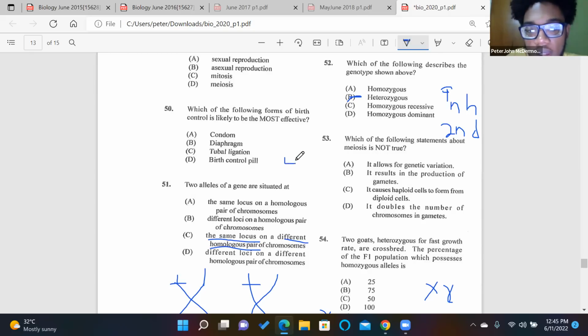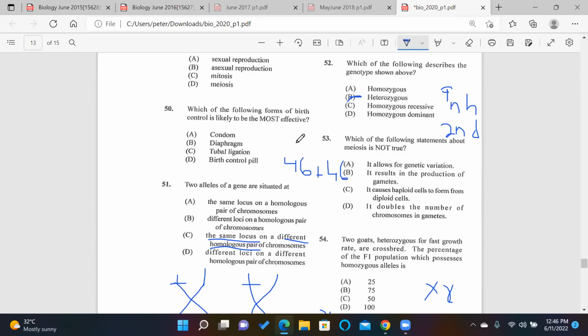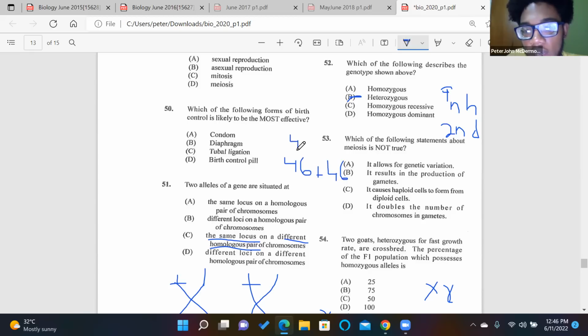Because if you had 46 chromosomes in a gamete, when you have a sperm plus an egg, 46 plus 46 is how much? 92. That's literally 4n, twice the normal number of chromosomes. So it has to be half. 23 plus 23, and then you're reestablishing the normal number when they combine. So you're getting 46, right?